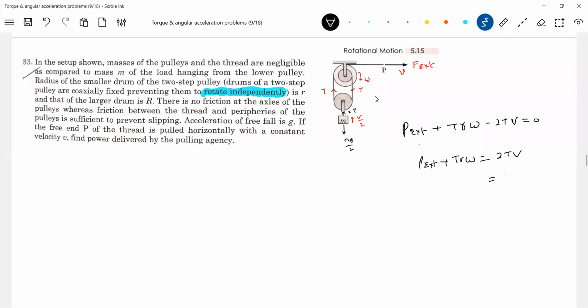Now what is 2t? 2t should be equal to mg by 2. Now what should be the value? 2t should be equal to mg, no? T, shall I write mg by 4?